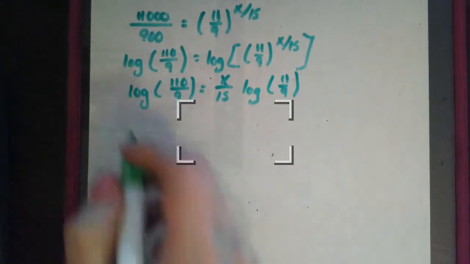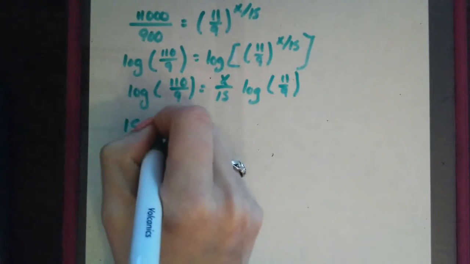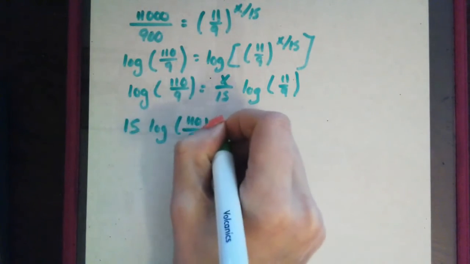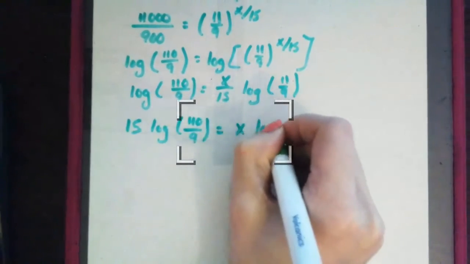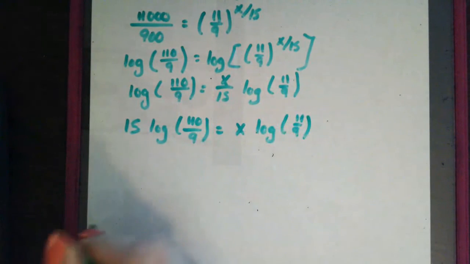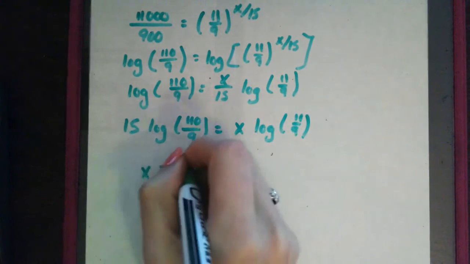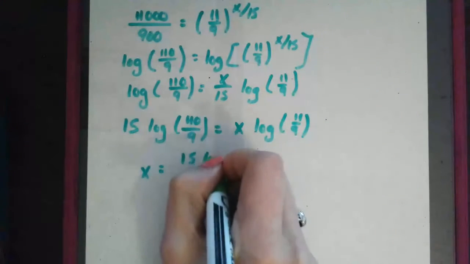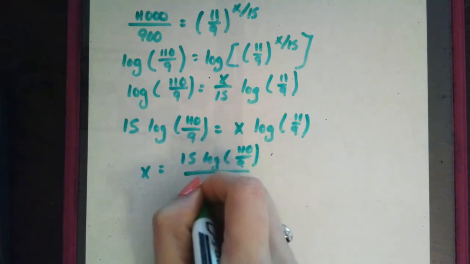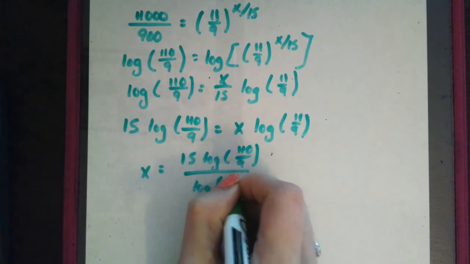If I multiply both sides by 15, we get 15 times the log of 110 over 9 is equal to x times the log of 11 ninths. And then dividing by the log of 11/9, we get x is equal to 15 times the log of 110/9 divided by the log of 11/9.